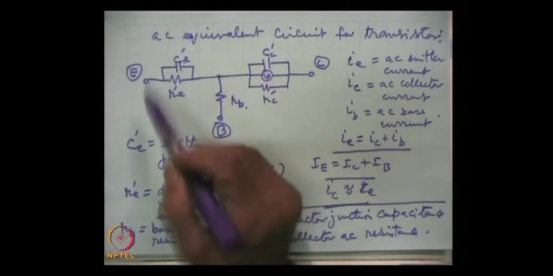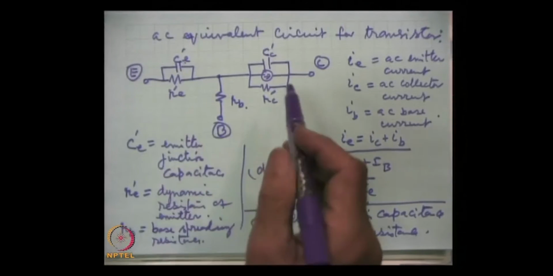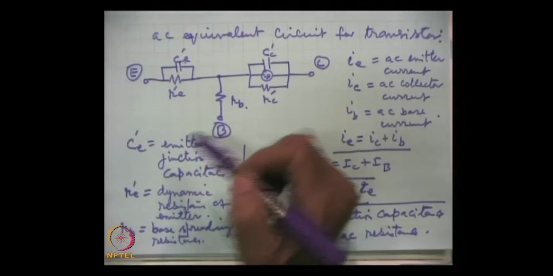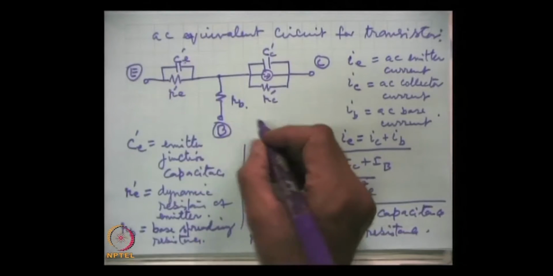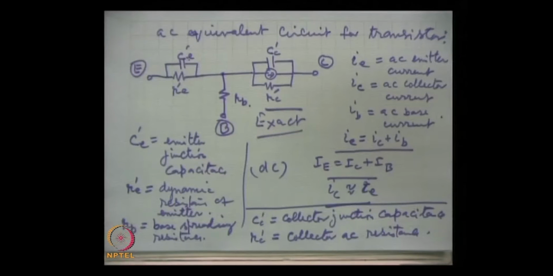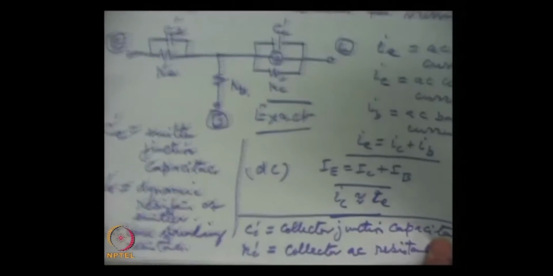So, in any circuit, if the transistor is replaced by this equivalent model, this is the exact model, then we should be able to compute the properties of interest. But we can simplify this. The simplified equivalent circuit which we will be using is this.